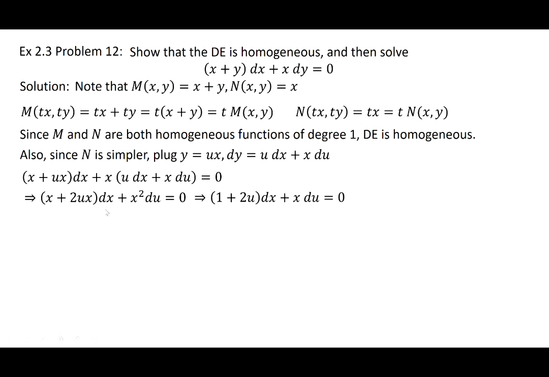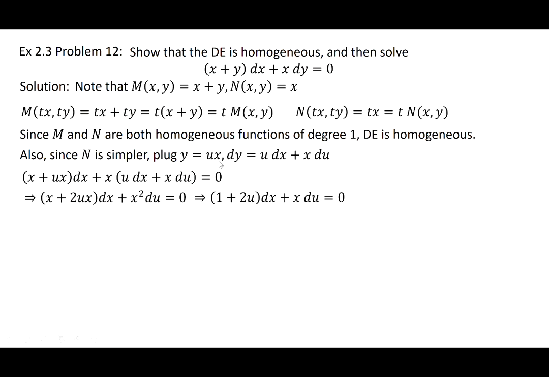Let's divide throughout by x. Wouldn't this reduce to (1 plus 2u) dx plus x du equals 0? Am I allowed to divide by x like that? Am I allowed to divide by x on both sides? If I have an equation, am I allowed to divide both sides of the equation by whatever I want?